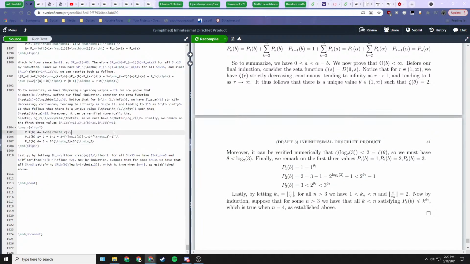Actually, we can do right here, this is strictly less than 2 to the power theta. This shouldn't be theta sub 2, it should be theta. Oops, I made a typo.